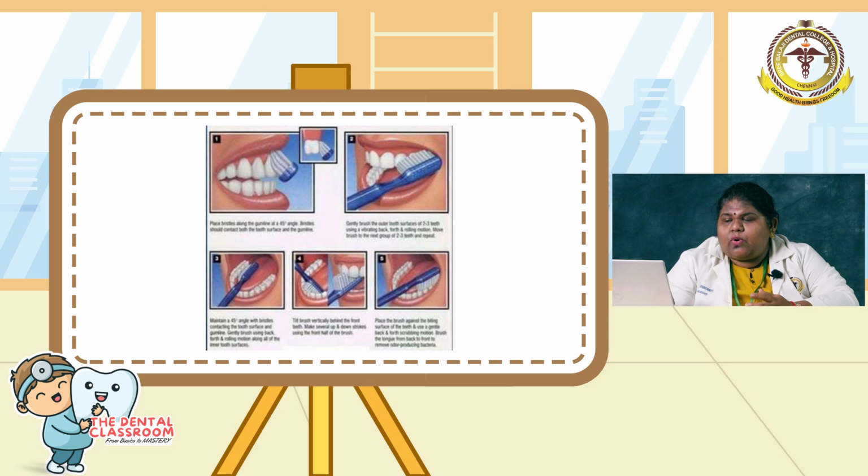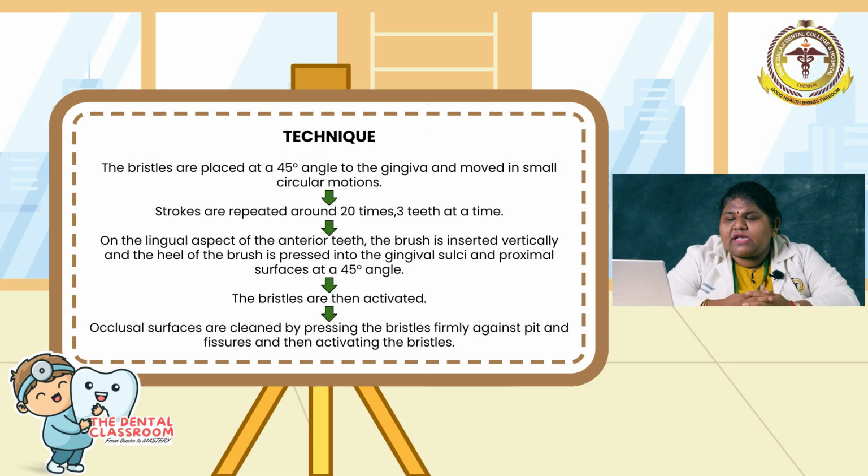So how to do this technique? The bristles are placed at a 45-degree angle to the gingiva and moved in small circular motions. Strokes are repeated around 20 times, 3 teeth at a time. On the lingual aspect of the anterior teeth, the brush is inserted vertically and the head of the brush is placed into the gingival sulci and proximal surface at a 45-degree angulation.